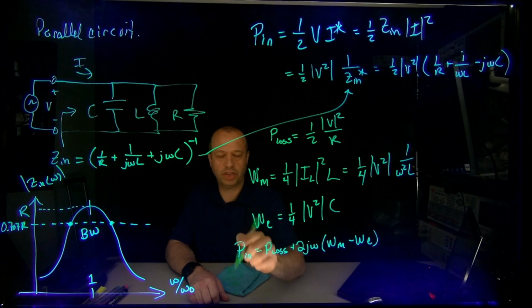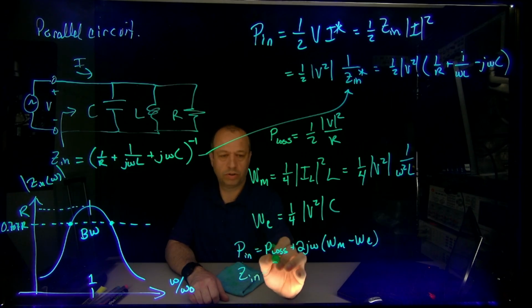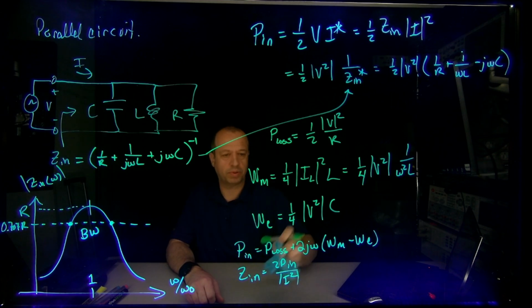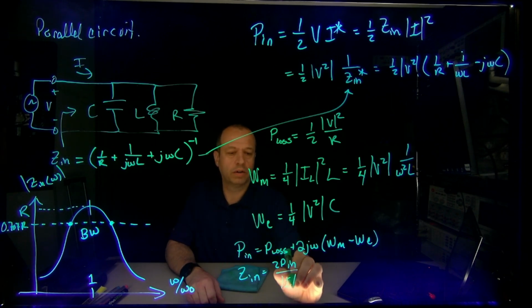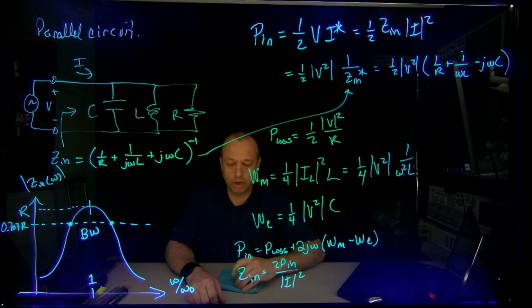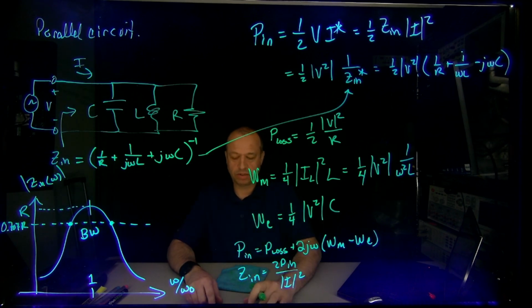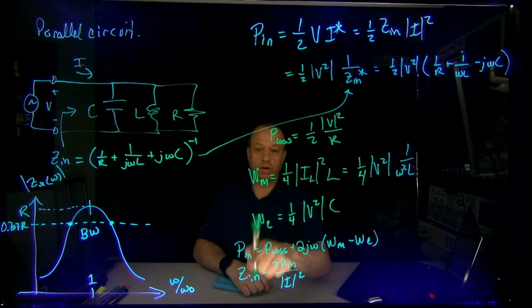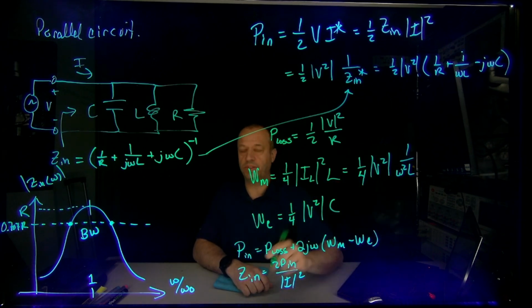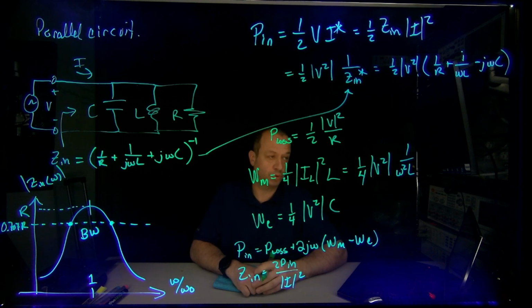And our Zin is now 2Pin over I squared. And again, you can go through and replace and swap this stuff out and make it look cleaner. But for the most part, the part that we're worried about is what is our input impedance when we want this to be purely real.